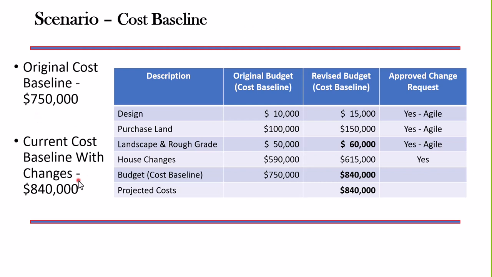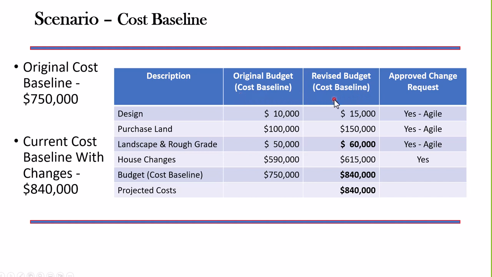Now here is an example of a change request. Remember our cost baseline we had earlier? We have a cost change here. So you can see this is our cost baseline here. If it's an approved change request, look at our revised budget, our revised cost baseline.